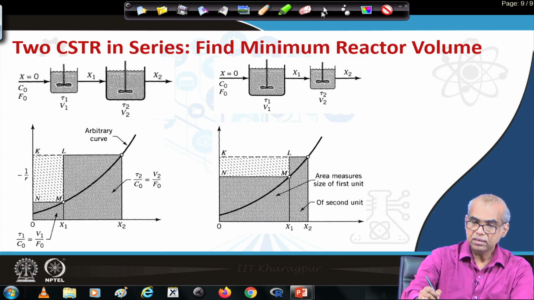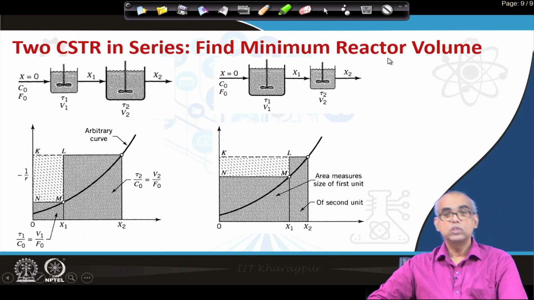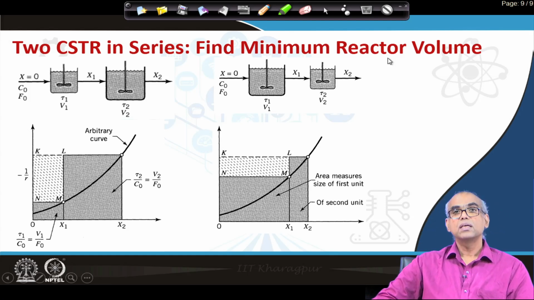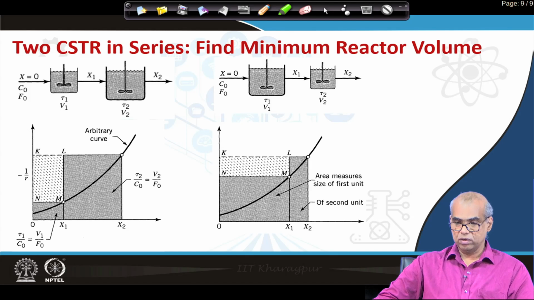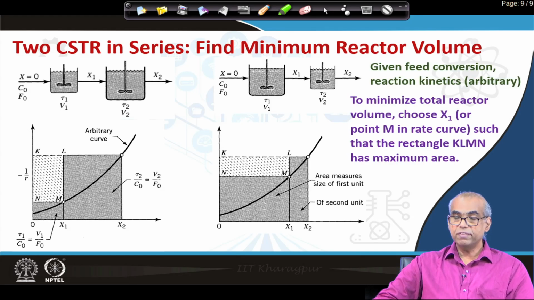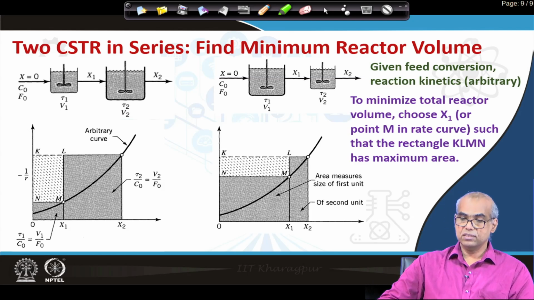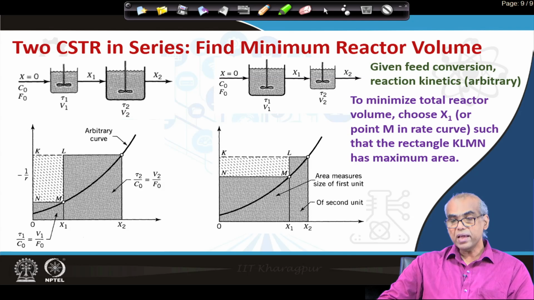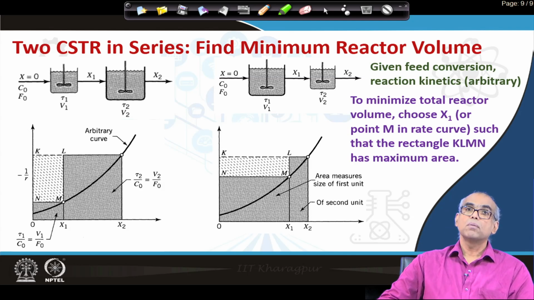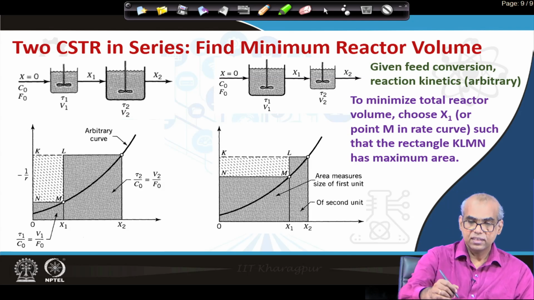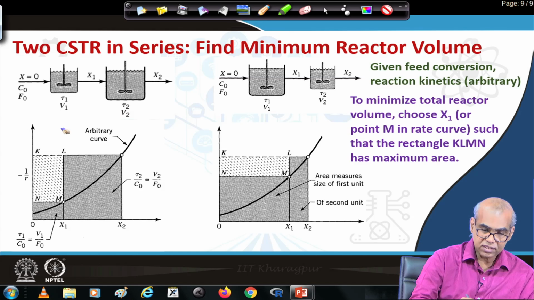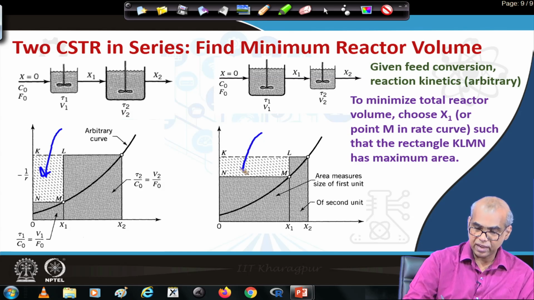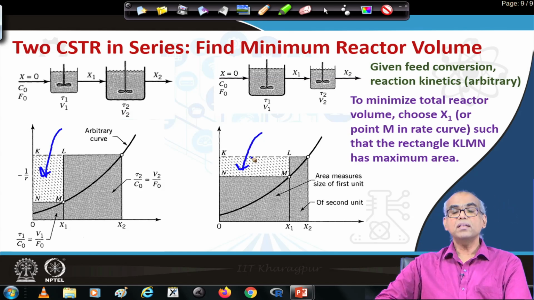So, this can be done by suitably choosing what will be the interstage conversion X1. So, given feed conversion, the final conversion is X2, reaction kinetics, we can minimize the total volume by appropriately selecting X1 such that this rectangle KLMN has maximum area.